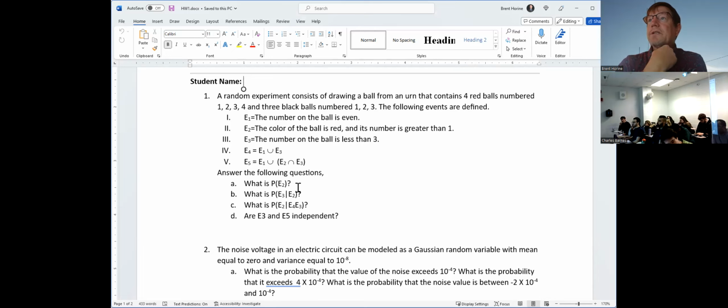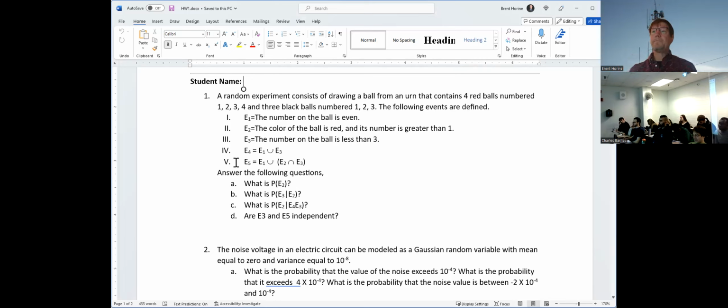So the random experiment is a very common toy example where we have different colored balls and we're drawing them from an urn, and in this case they're also numbered, which gives us a richer set of events that can occur and allows us to look at some conditionals, right?